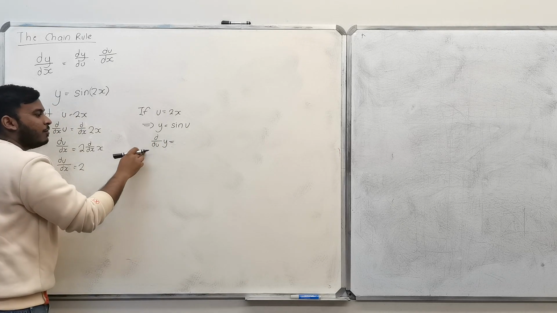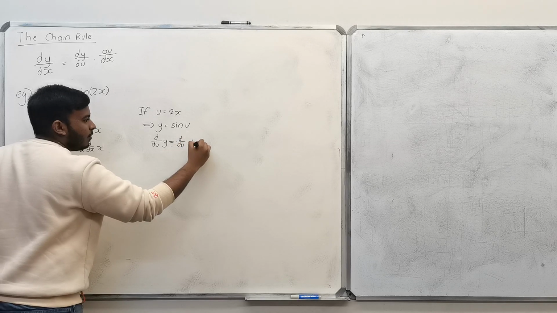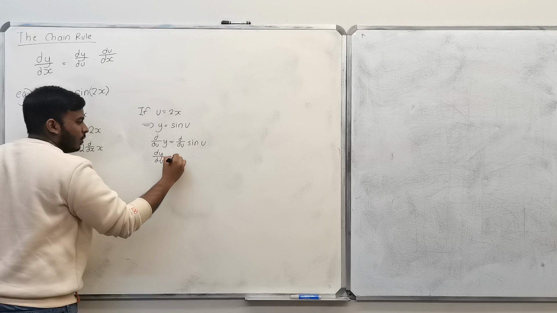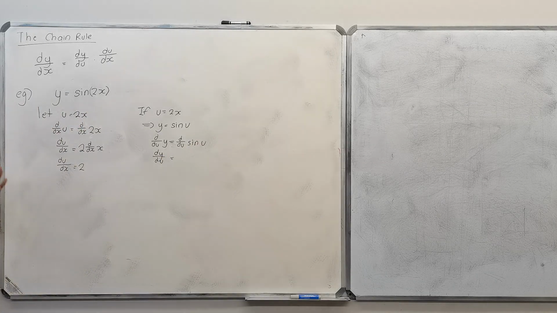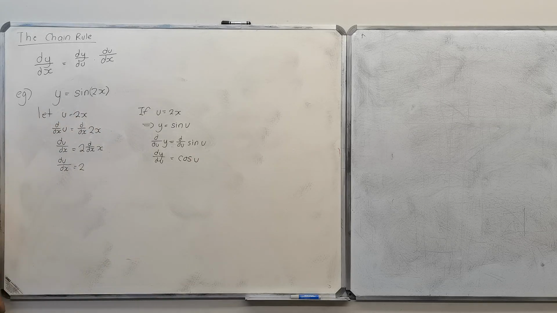Because you introduce d over du on this end, you introduce it on this end, sine of u. So now you're left with dy over du equal to, now it's in terms of just one variable, no negative signs, no powers, nothing. So that becomes cos of u.